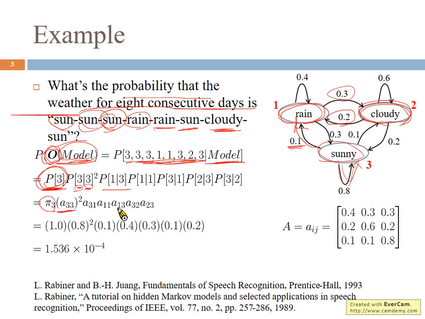And here we also calculate the probability of sunny changing to rain, A31, and so on. This matrix shows all the transition probabilities between different states. So now pi 3 is assumed to be 1, A33 is 0.8, and A31 is 0.1, and so on.